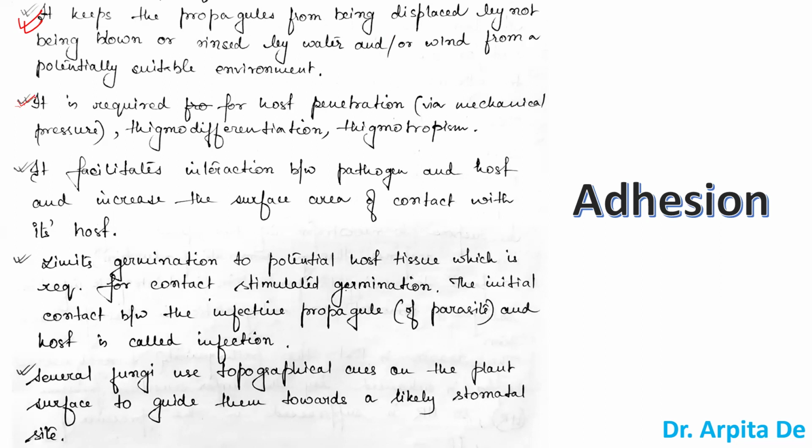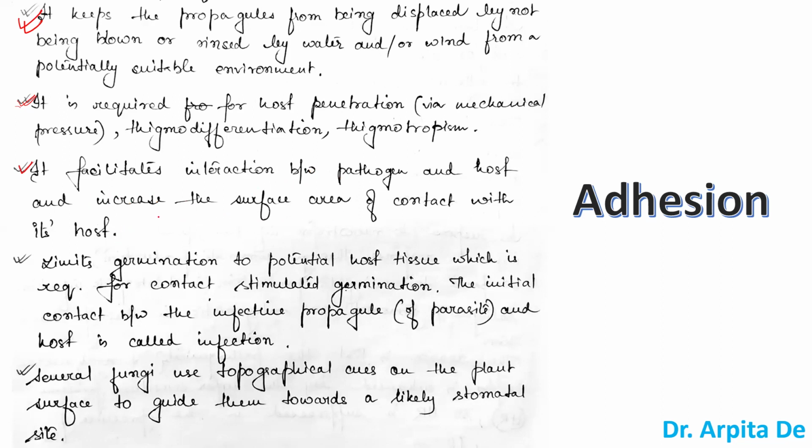Next, it is required for host penetration via mechanical pressure, thigmodifferentiation, thigmotropism. Okay. It facilitates interaction between pathogen and host and increases the surface area of contact with its host.